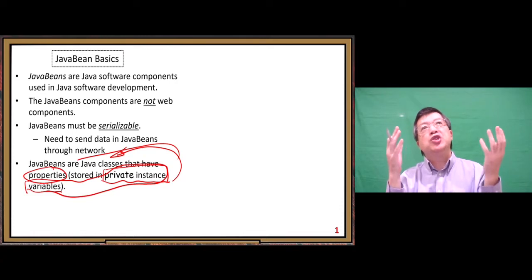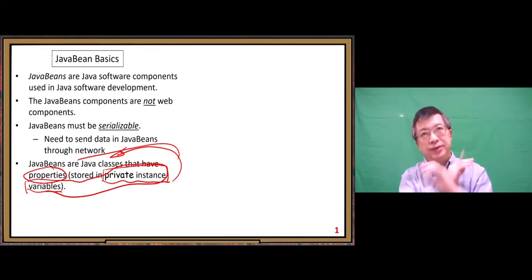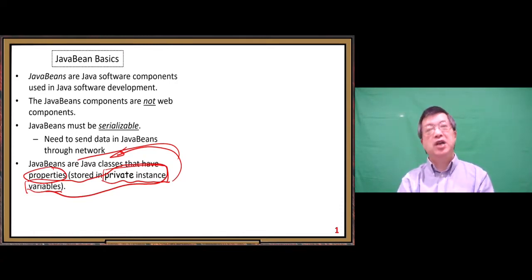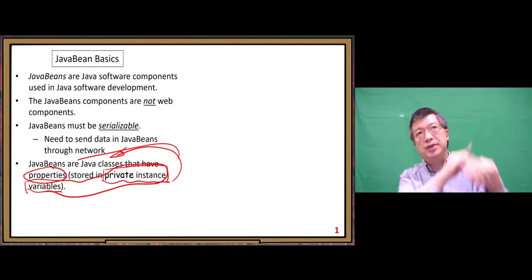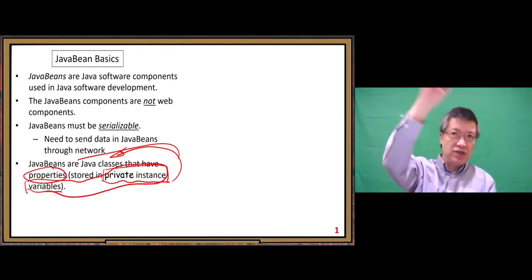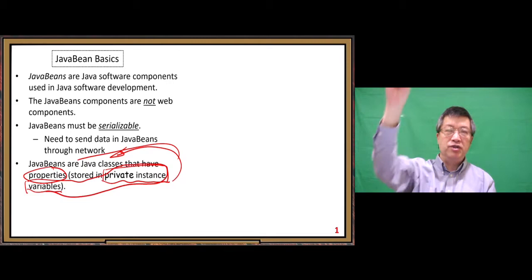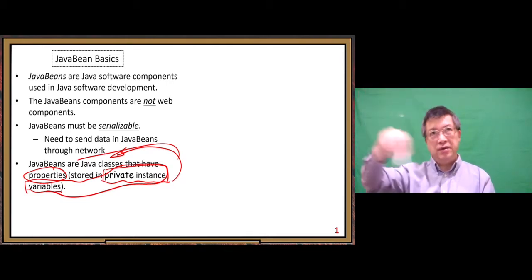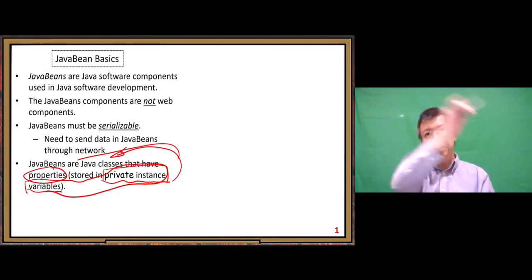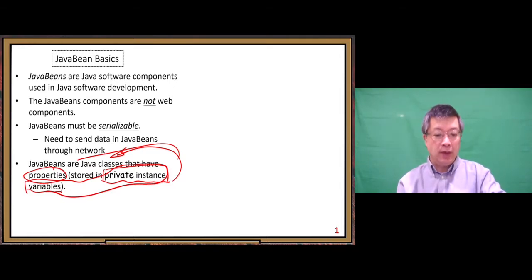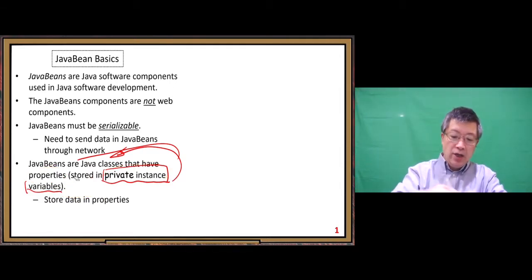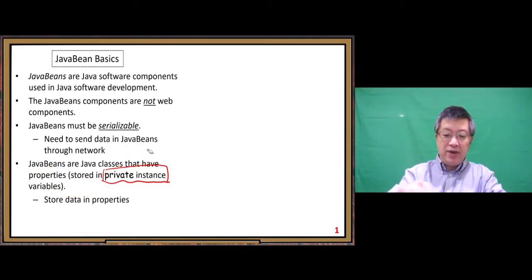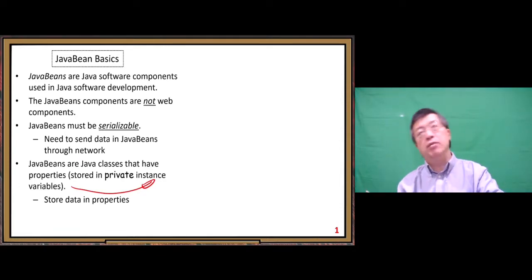So we give them a special name, properties. In our discussion, when we talk about JavaBean properties, they're just private instance variables inside those JavaBean classes. All right. Store data in properties, because we know Java classes store data in instance variables.